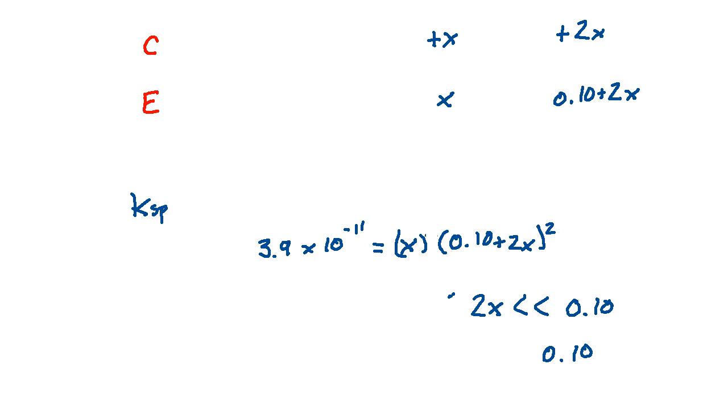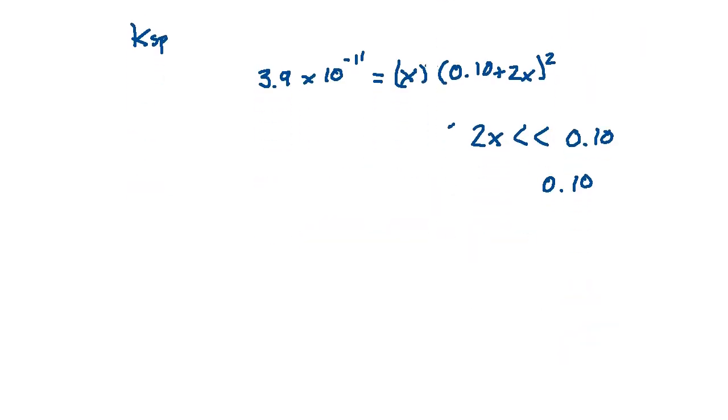Once we solve for x, we need to take 2x and see if it really is small enough to be considered insignificant in comparison to the 0.1. When we simplify this, it makes a much cleaner multiplication that we can solve. So now it's 3.9 times 10 to the minus 11th equals x times 0.01.